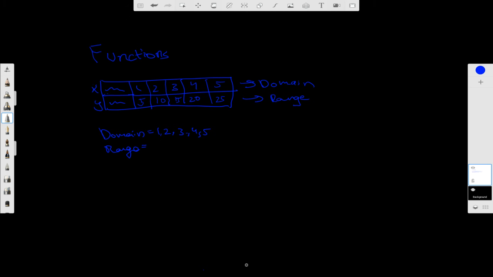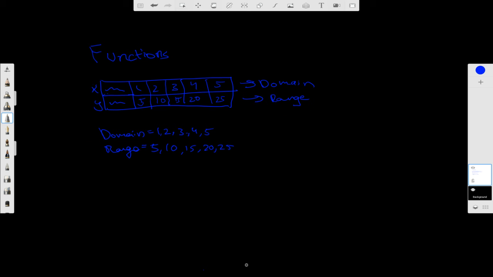Oh wow, I messed up so bad on that. And then our range would be 5, 10, 15, 20, 25. Okay? So we have that, and that would be our domain and range of this.